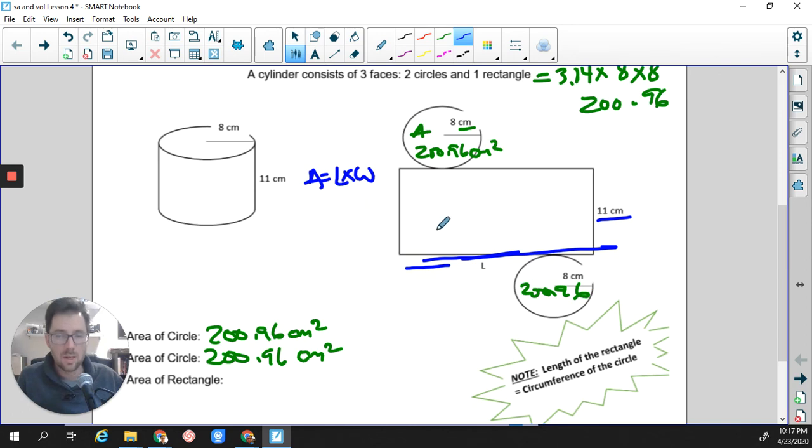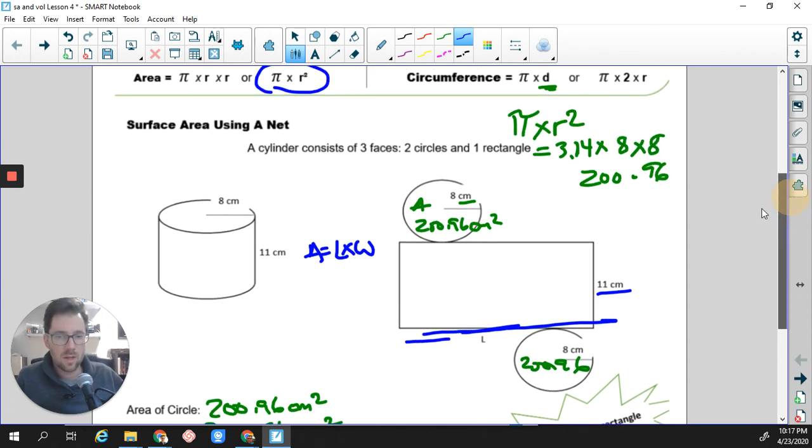It just says L. But we know down here that the length of the rectangle is the circumference of the circle. Because remember, if we undo it here and we unwrap this whole thing, if we took this and laid it flat, that would be the same as this length. So if we look back up here, we see circumference of the circle is pi times diameter.